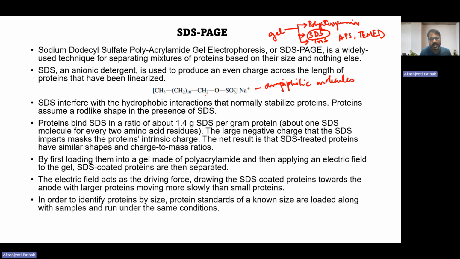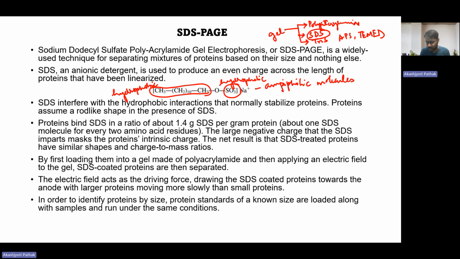This dodecyl hydrocarbon chain is our hydrophobic region. This is basically a detergent. Detergents have a hydrophobic region and a hydrophilic region as well, so that is why it is amphiphilic.